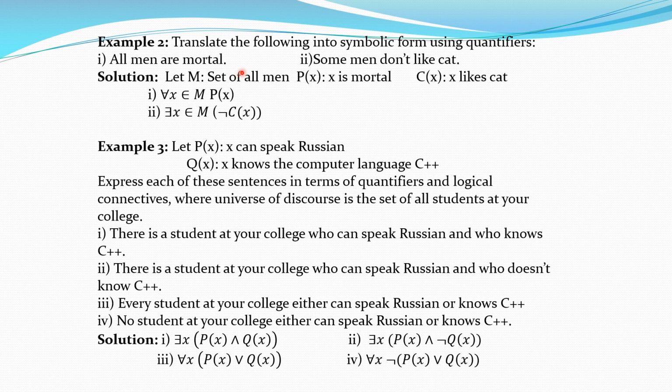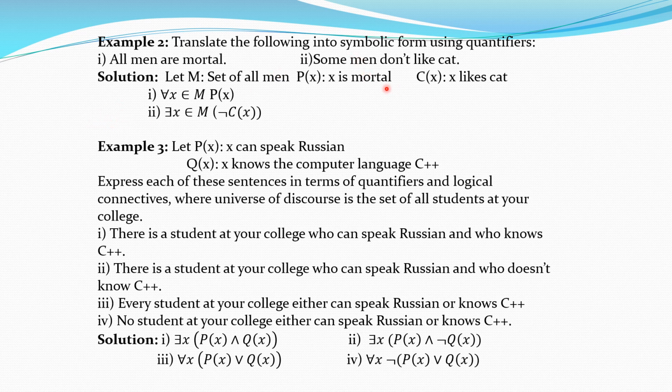Now second is some men do not like cat. Now about men, it is given that they don't like cat. So here we define Cx as x likes cat, or you can define directly x doesn't like cat. So it depends how you define the predicate. Accordingly, you have to change the symbolic form. Now some men means there are some men. So it is existence. So there exists x in M. M is set of all men.